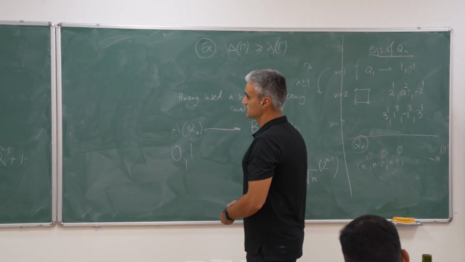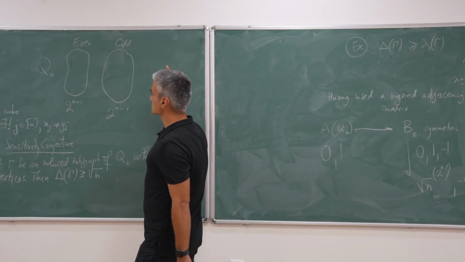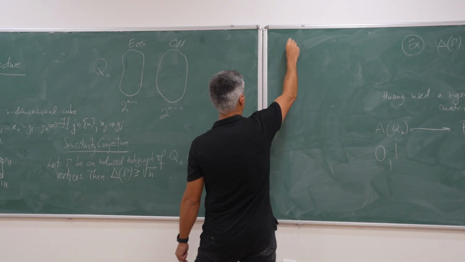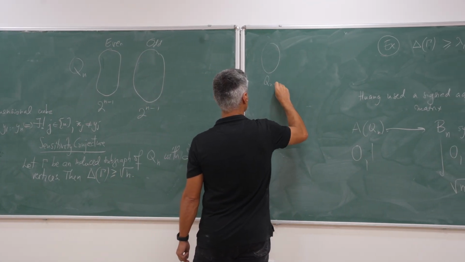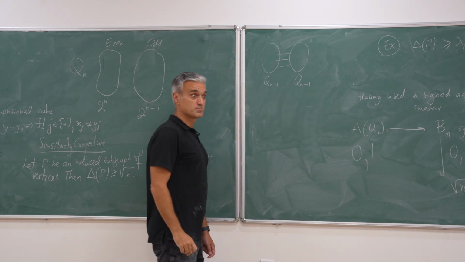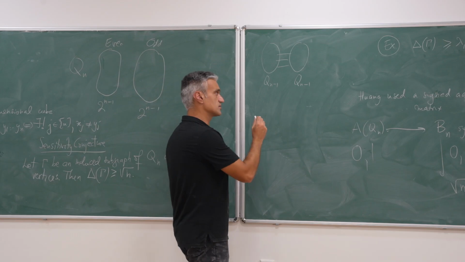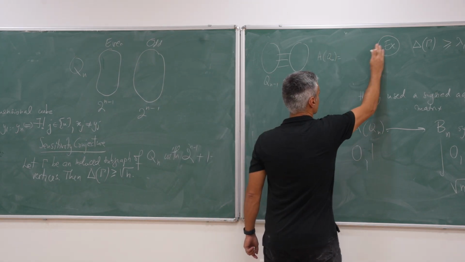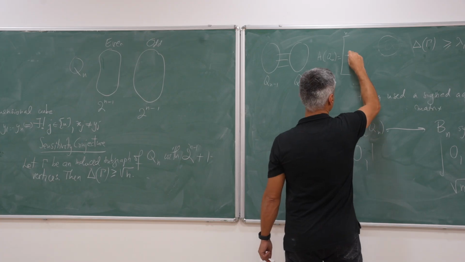So how did he do it? The idea was to think about this recursive structure of Q_n. What you have is Q_{n-1}, and another Q_{n-1}. So when I'm looking at the usual adjacency matrix of Q_n, you can think of it as a block matrix.